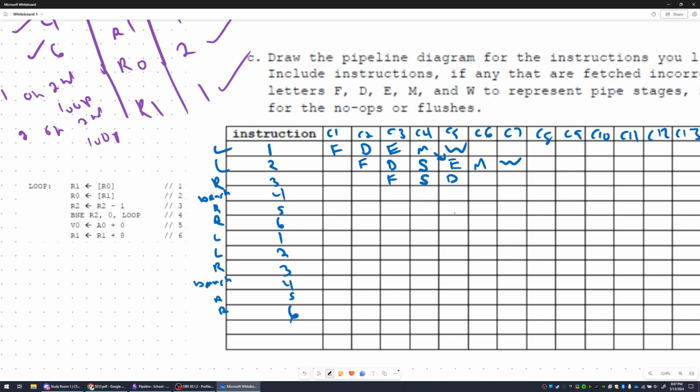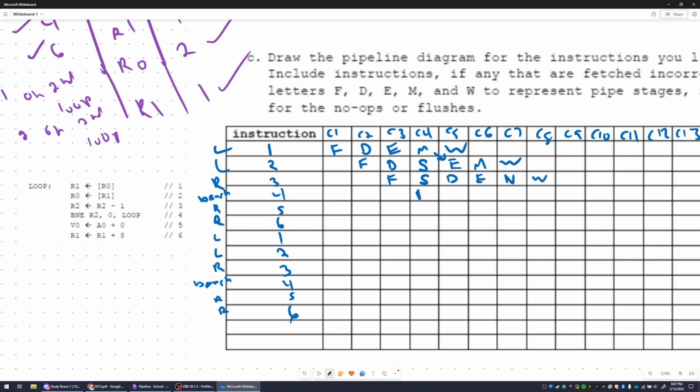After that, you have to see is there any data dependency. No, R2 is not used, so you can just go to the exec stage for that. So that will be fine, and then there's going to be a no op, and then a write back. So now that's instruction three done.